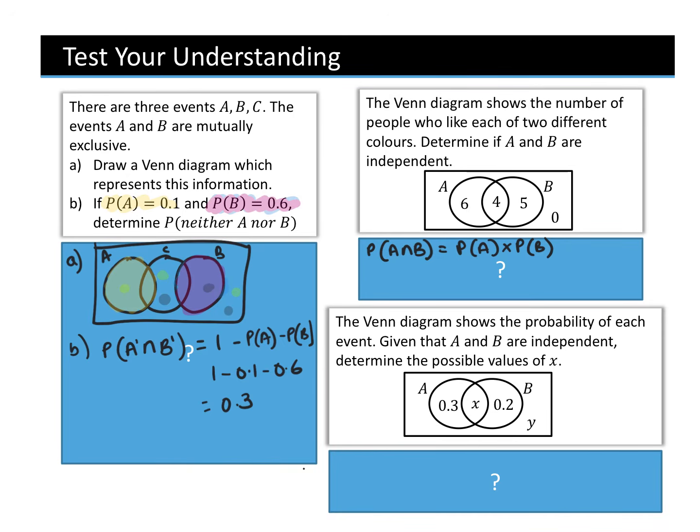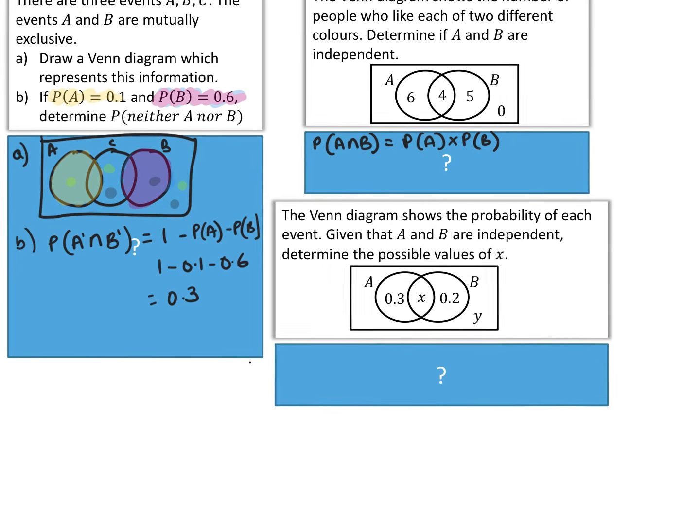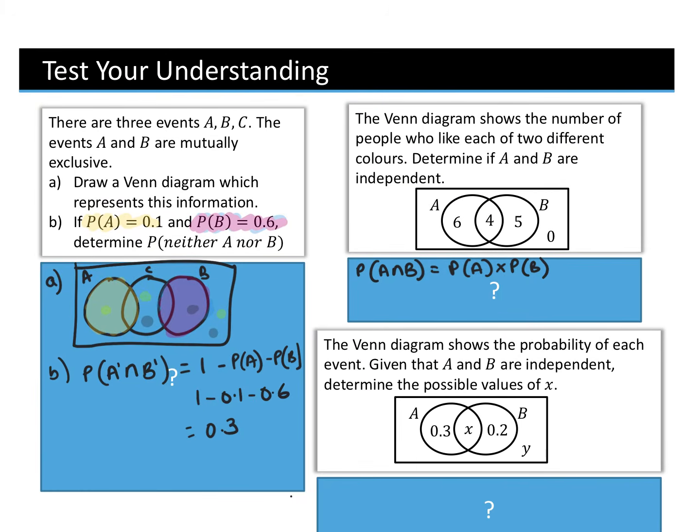So first of all, let's work out the probabilities. It's out of 15 in total. The probability of A intersection B is 4 out of 15. There it is. So this is 4 out of 15, which should equal the probability of A, 10 out of 15, multiplied by the probability of B, which is 9 out of 15.